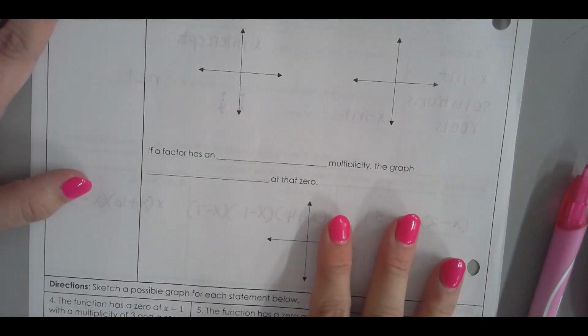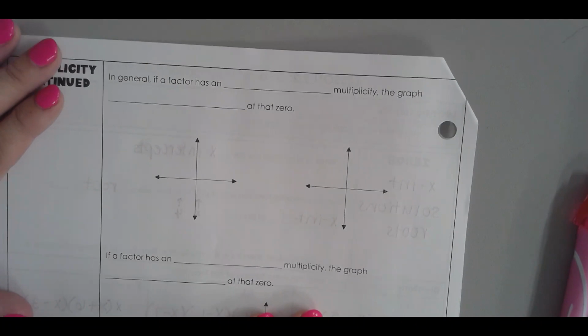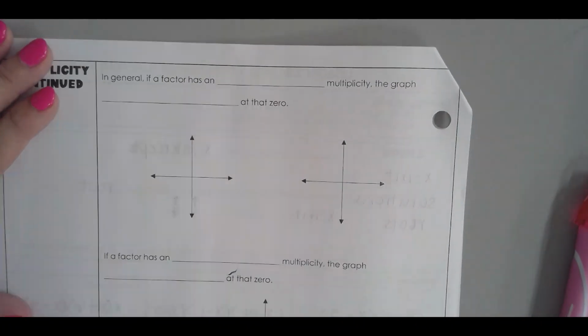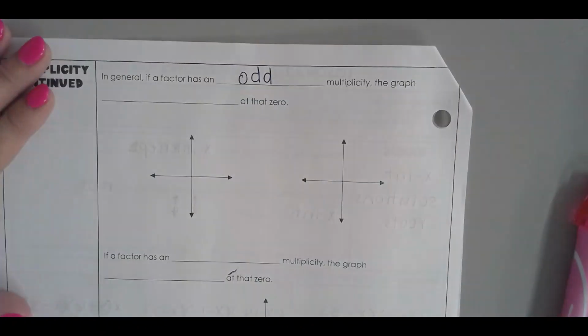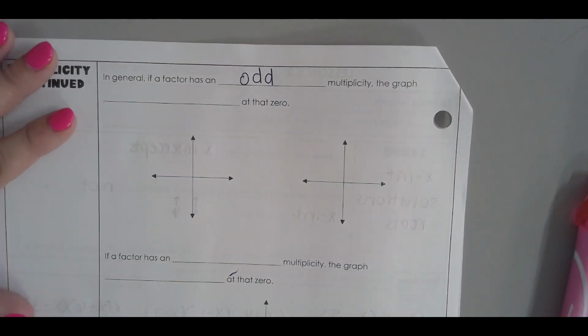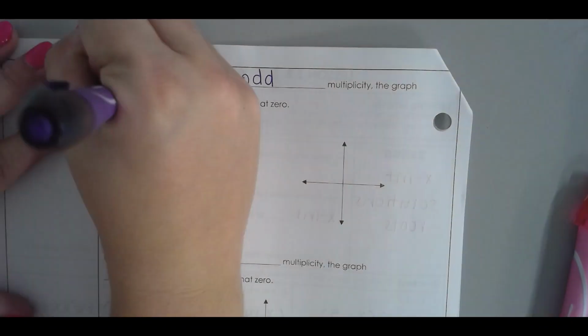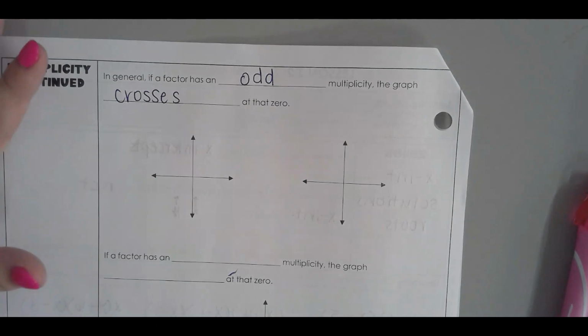So in general, if the factor has an odd multiplicity, then the graph crosses at that zero.